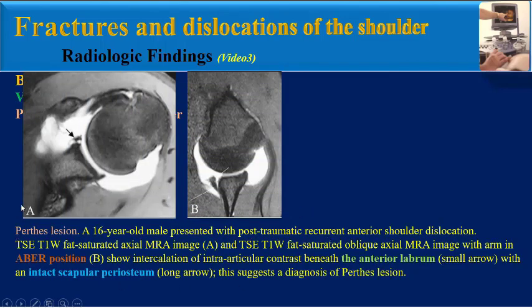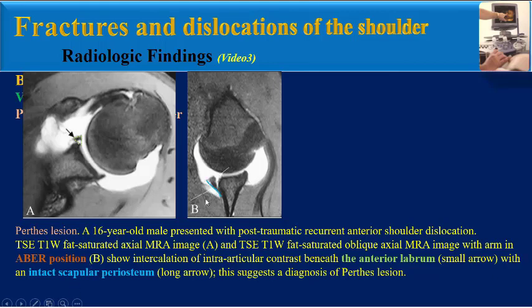We can see in this T1 fat saturated axial MRA image, and this is T1 fat saturated oblique axial MRA image, both of which were taken in abduction and external rotation position. They show intercalation of the intra-articular contrast beneath the anterior labrum with an intact periosteum.